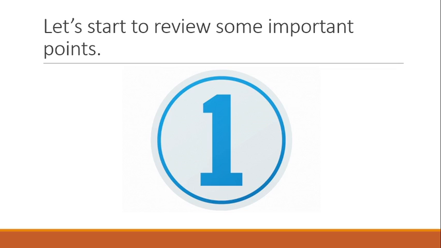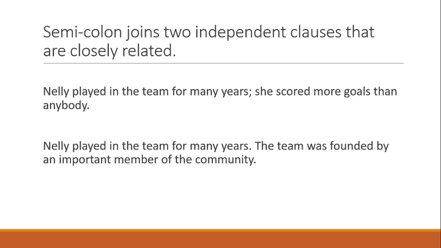Let's start with this. Number one, a semicolon joins two independent clauses that are closely related. Remember, independent clauses are sentences that can stand alone because their meaning can be understood without the help of another part, right?